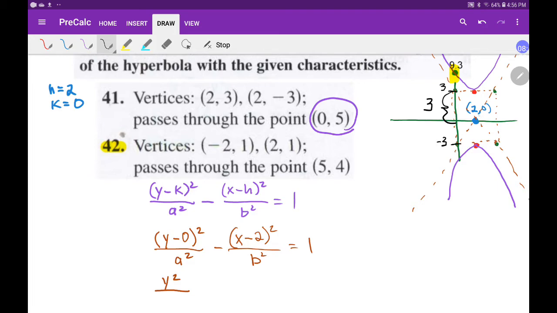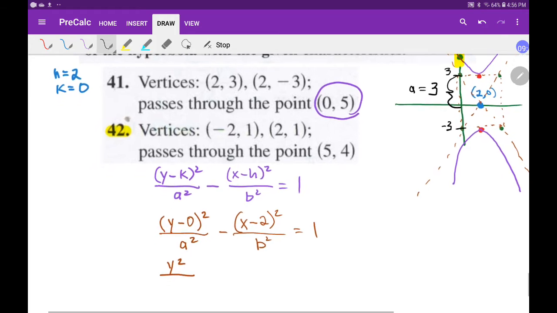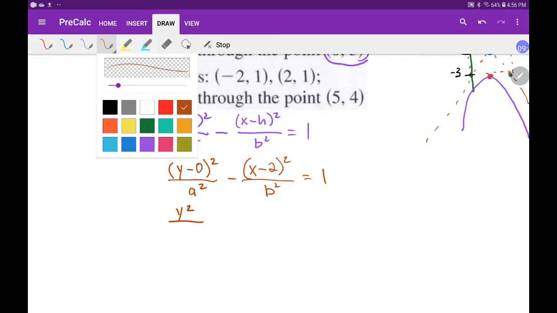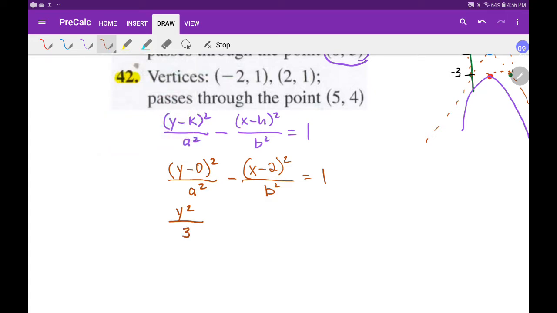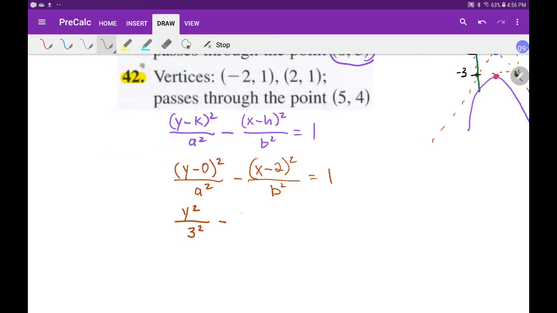So we were at 2, we went up 3, and we went down 3. So a is equal to 3. Sorry about that, I had the wrong thing. So we're going to say 3 squared minus x minus 2 squared over, I don't know, b.